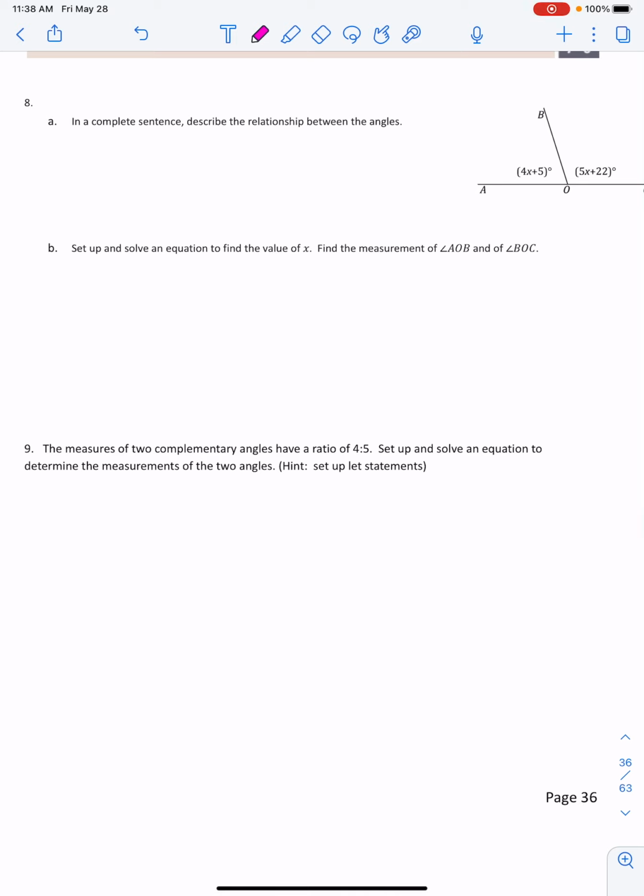Next, we have, in a complete sentence, describe the relationship between the two angles. Okay?